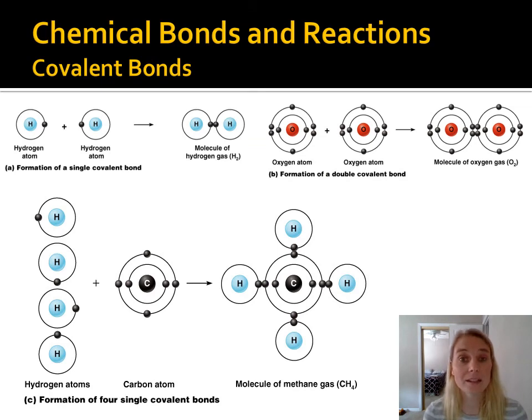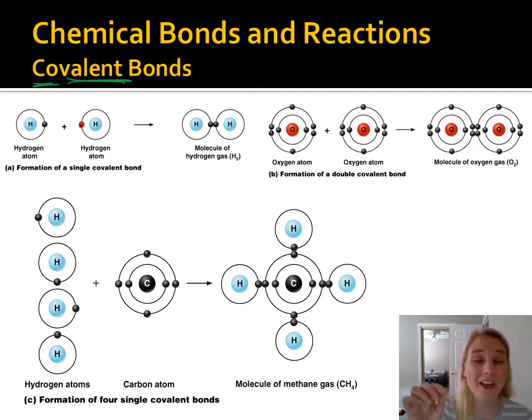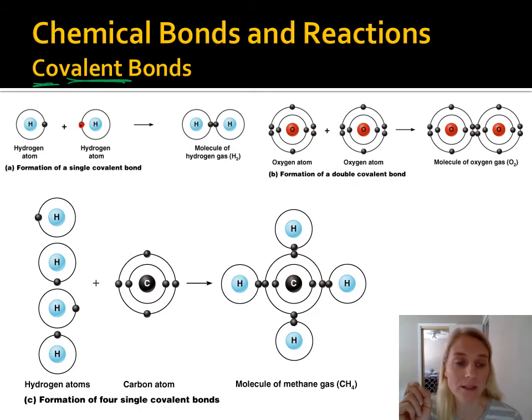Okay. The next example of how some atoms can fulfill that shell is not by donating and receiving electrons, but by sharing electrons. Co, meaning share, and valent means they're sharing their valence electrons. So here's a few examples: hydrogen, oxygen, and methane. Hydrogen has 1 electron, and remember that first shell needs 2. So a hydrogen atom is short 1 for its fulfilled state.